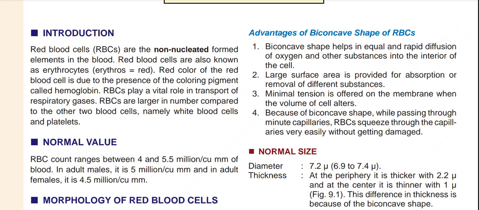Minimal tension is offered on the membrane when the volume of the cell alters, and because of this biconcave shape, while passing through the minute capillaries, RBC squeeze and pass very easily without getting any damage. So the first advantage is rapid diffusion of gases. Second is large surface area. Number three is minimum tension, and number four is passing through the minute capillaries.